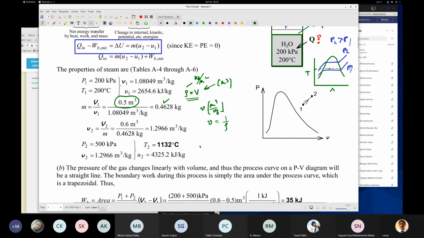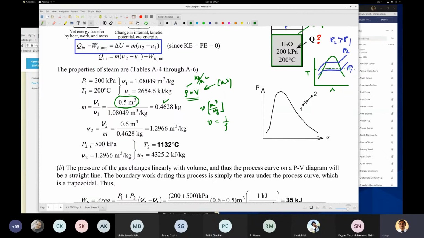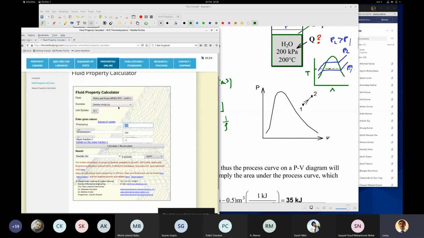So for 500 kilopascal and 1132 degrees centigrade, we can find out the specific volume or the density. So let us see for 500 kilopascal.